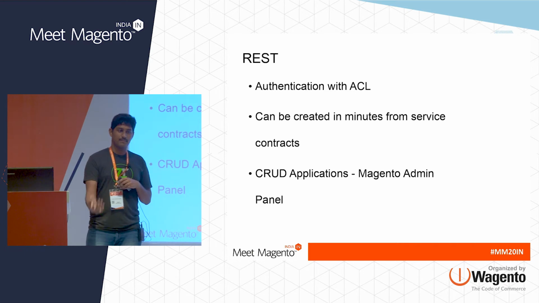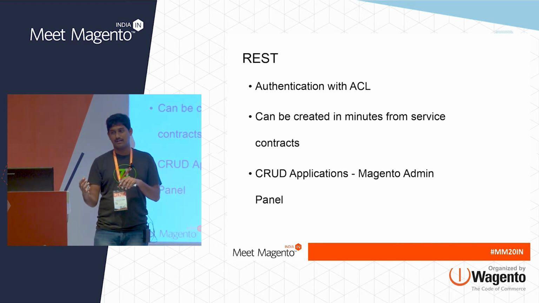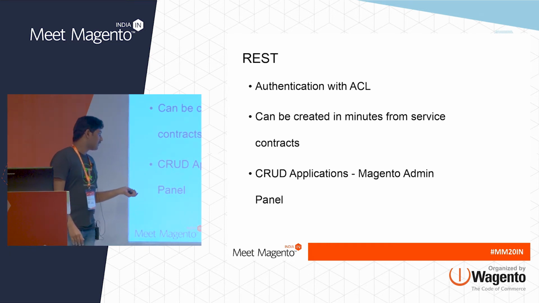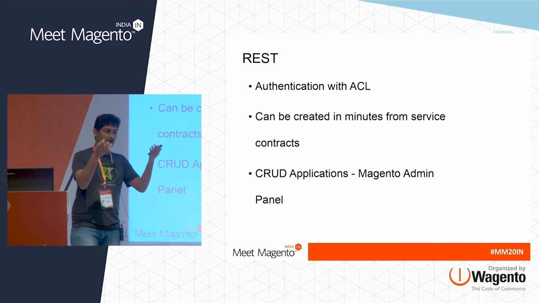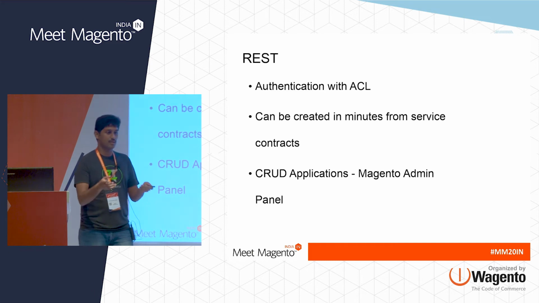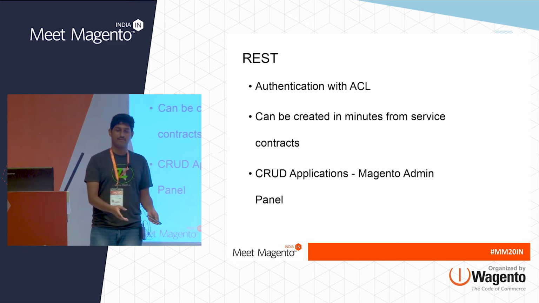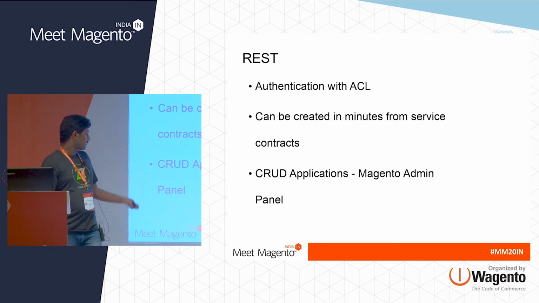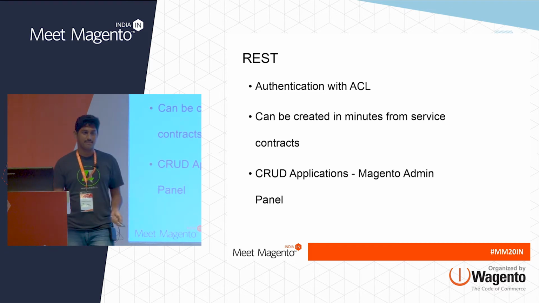In REST applications, you will get all the data, and in GraphQL you will get very little. Whatever you want, you will get from GraphQL. But in your Magento admin panel, you will need all the data. So in that case, you don't need a GraphQL API. It is not a wise decision to use GraphQL in your backend admin. So in CRUD applications, REST plays the best role.